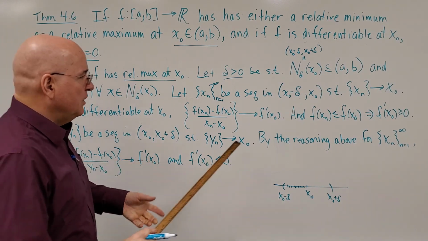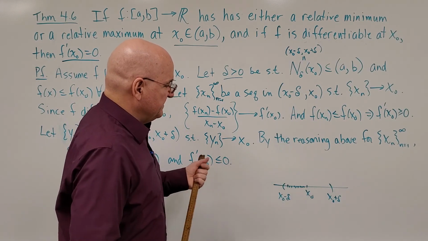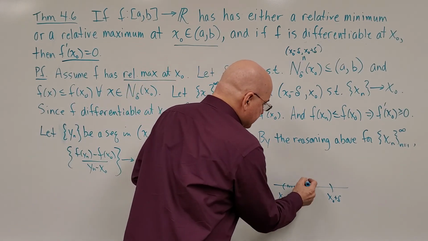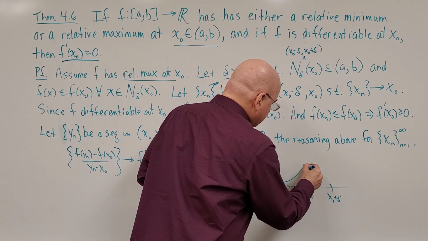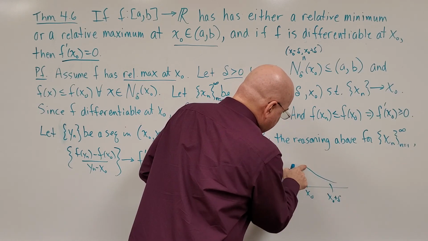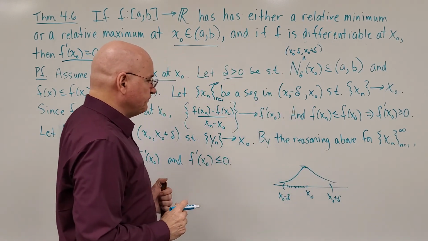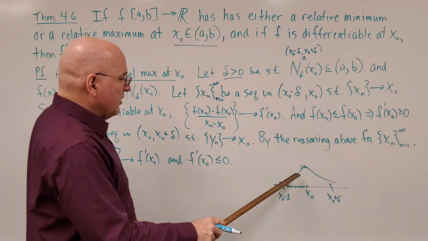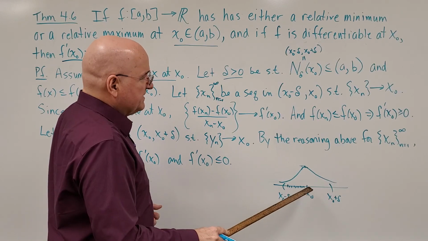And what do we know? Well, what I mentioned earlier, since f has a relative max at x naught, it could look something like this. Didn't make that very smooth at the top. We know that all the f of x n's are less than or equal to f of x naught. And what does that imply?